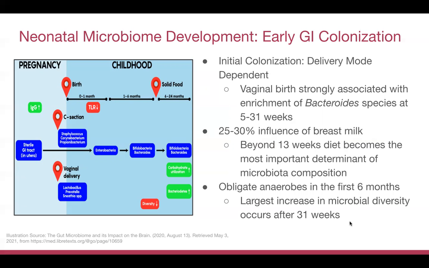The diversity of the neonatal microbiota is really narrow in early infancy, and it's dominated by species which are involved in human milk oligosaccharide metabolism. These are species like Bifidobacter infantis in the breastfed infant. Now, it's been estimated that somewhere between 25 and 30% of the infant bacterial microbiota originates from breast milk, and cessation of breastfeeding, not the introduction of solid food, impacts composition as well.